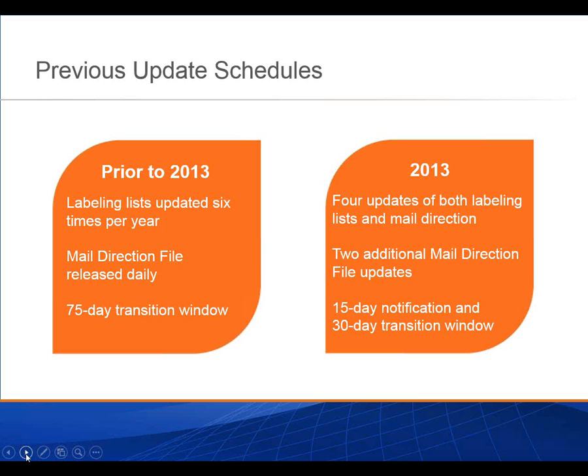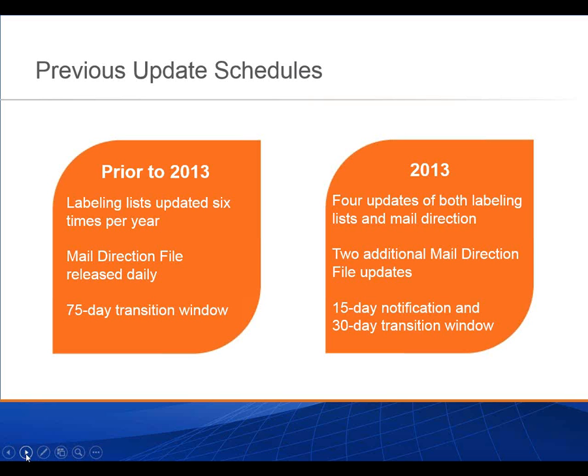The other thing that was new, introduced in 2013, was the concept of a 15-day notification period. What happened is the Postal Service would publish the data. There would be this 15-day period where you really couldn't use it yet. Generally, the software providers were using that 15-day period to build the data and then make it available to you, the customers.